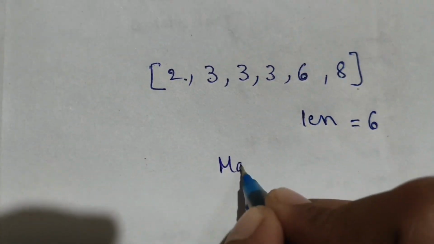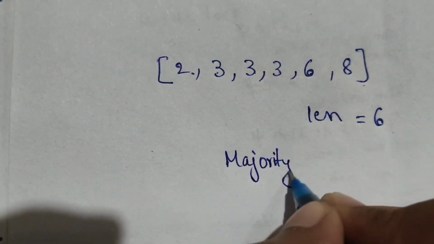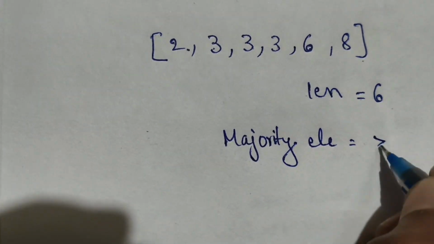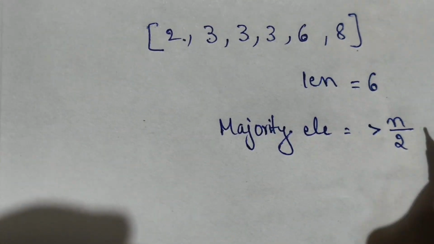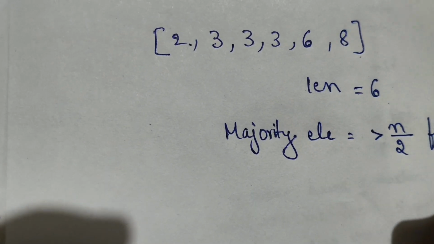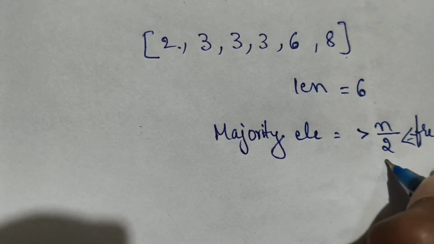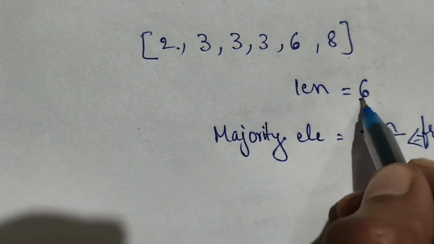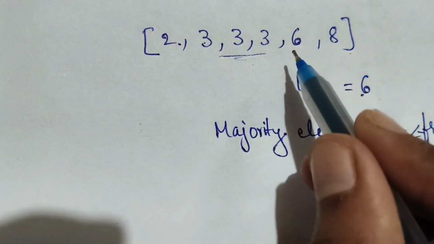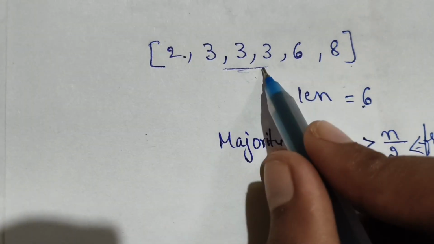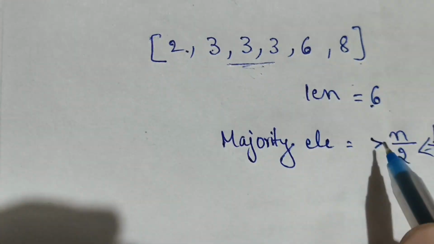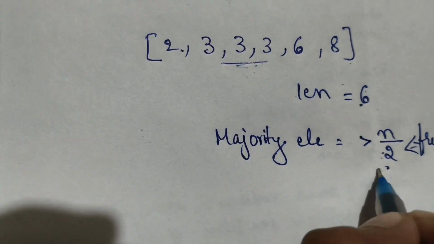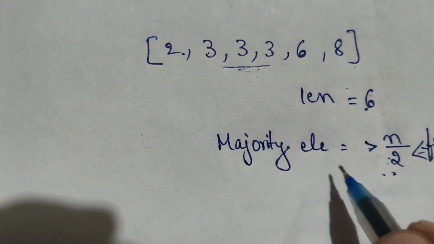So the majority element refers to the element which will occur greater than n by 2. That is, the frequency must be greater than n by 2. Means if the array length is 6, the element must be present in the array for greater than length by 2 times. That is greater than half of the length.